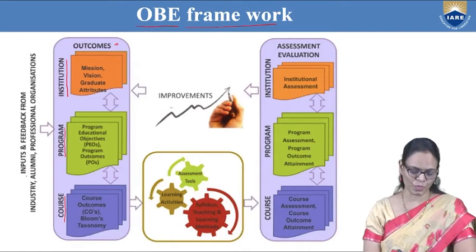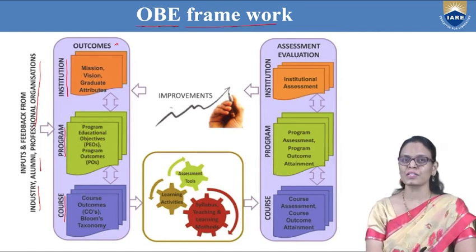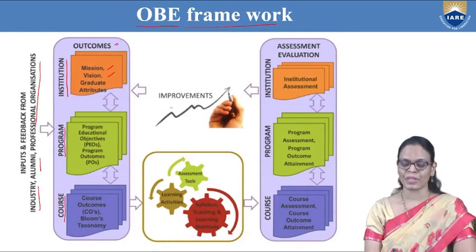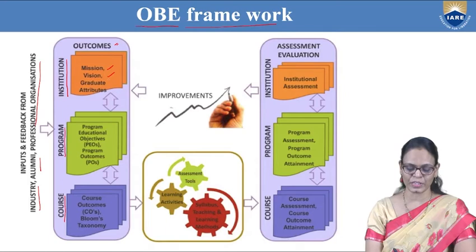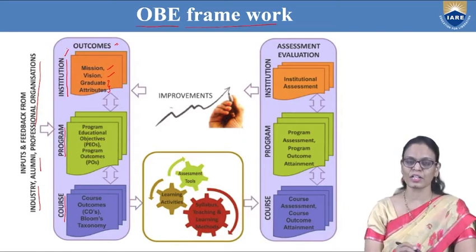Stakeholders are the parents, students, industry, alumni, and the professional organizations. So the institute will take inputs from all the stakeholders and then frame the outcomes. A particular institution has mission and vision statements, and these two have to be aligned with the graduate attributes specified by NBA as mentioned in the Washington Accord. This has to be taken care of at the institution level.